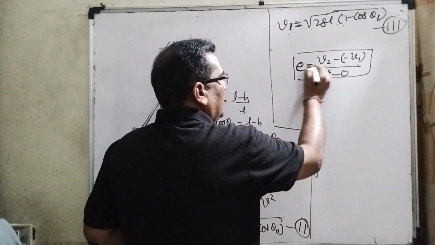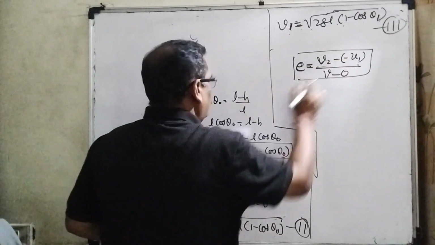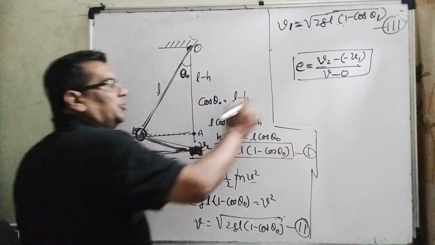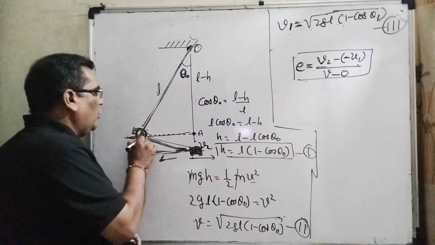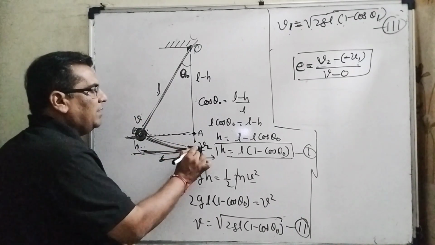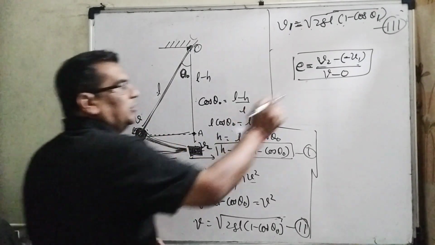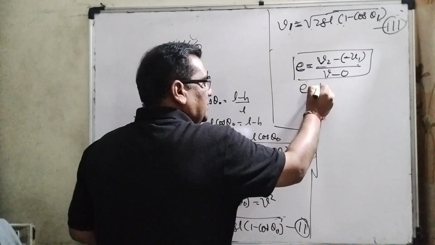Here, after the collision, the block has v2 and the bob has v1, but in the opposite direction, so we use a negative sign. And v is the velocity before the collision, and the block at that time is at rest, so we put 0. And for a perfectly elastic collision, the value of e is 1.